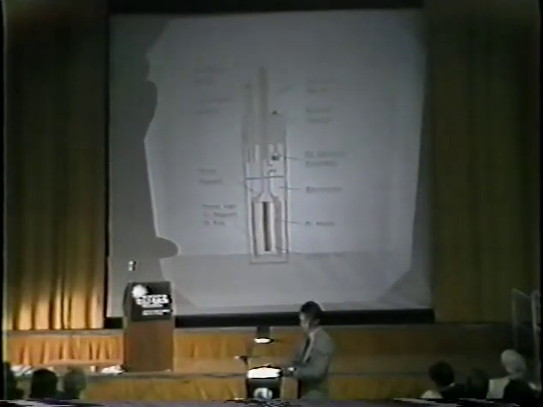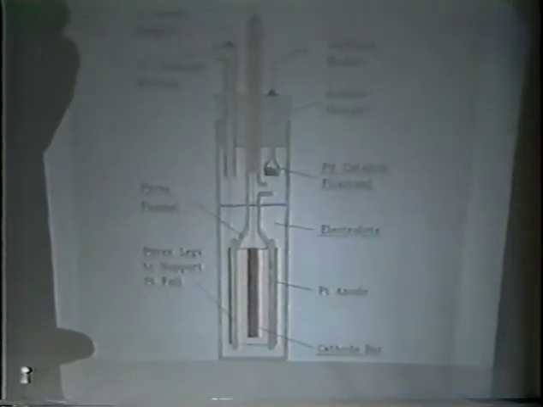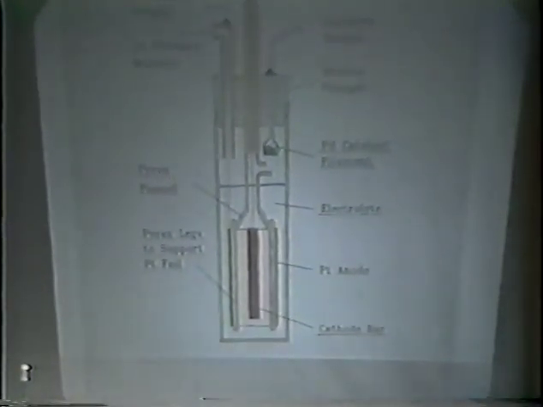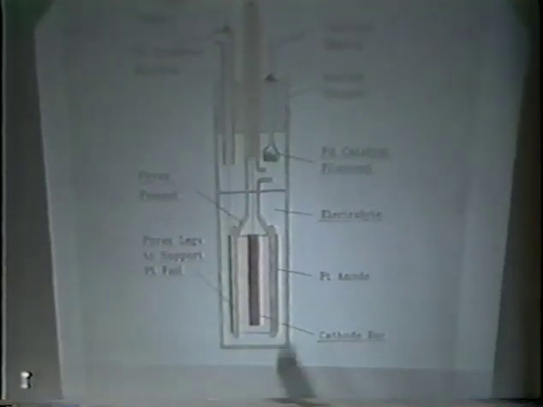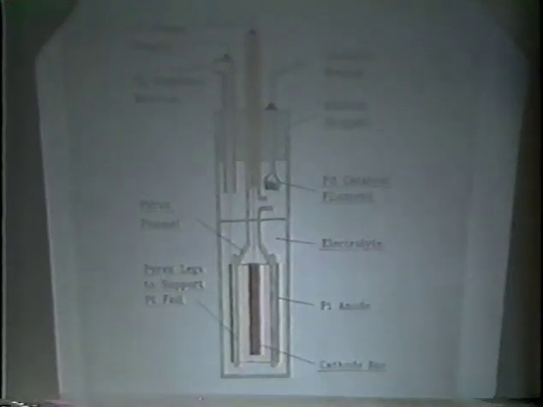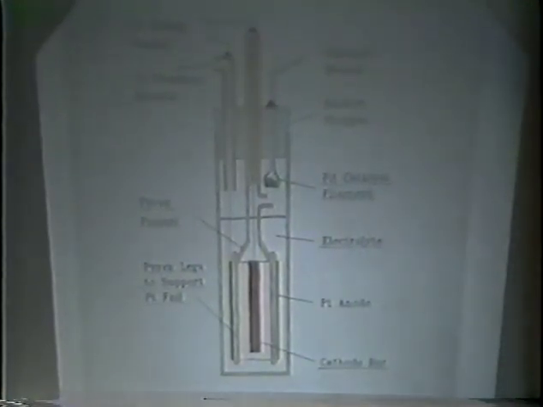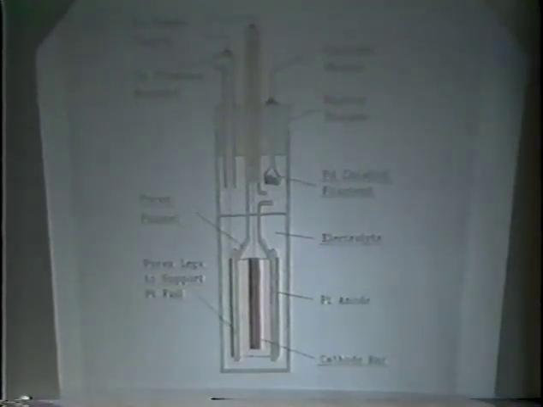It has undergone a few modifications, and we've studied it in great detail over the past 6 weeks. What you have is a cell containing your electrolyte, usually the 0.1 molar LiOD in D2O. You have a cylindrical platinum anode, which is shown in black, and you have a cathode, which you hang down the center.